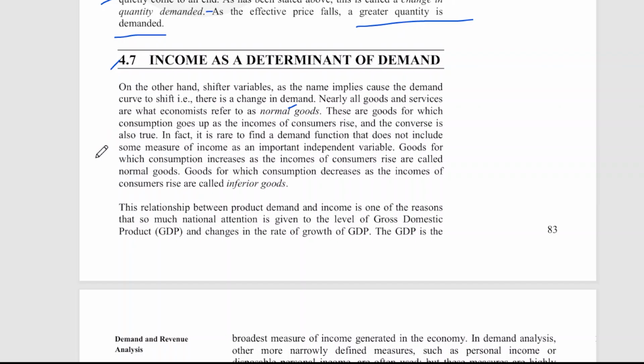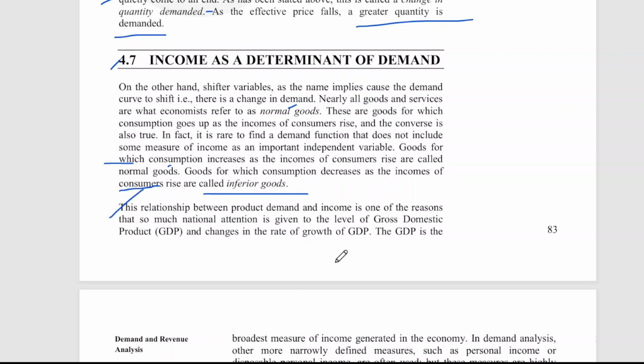In fact, it is rare to find a demand function that does not include some measure of income as an important dependent variable. Goods for which consumption increases as the income of consumers rises are called normal goods. Goods for which consumption decreases as the income of consumers rises are called inferior goods.